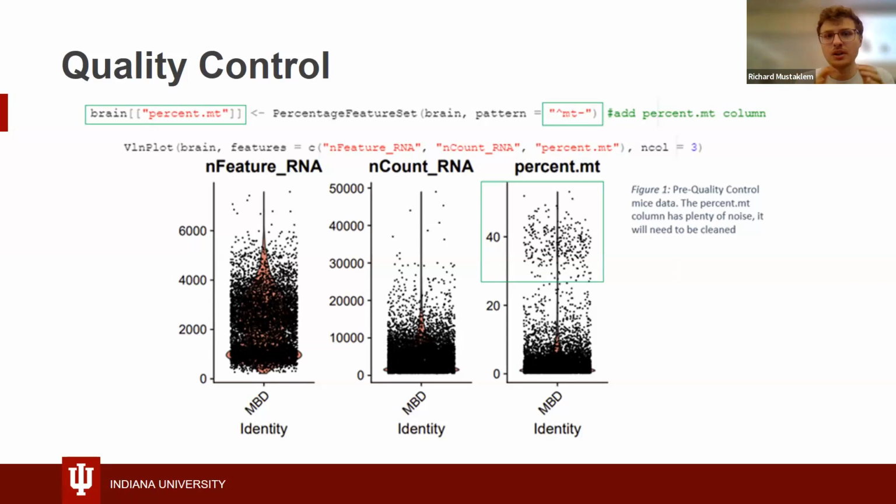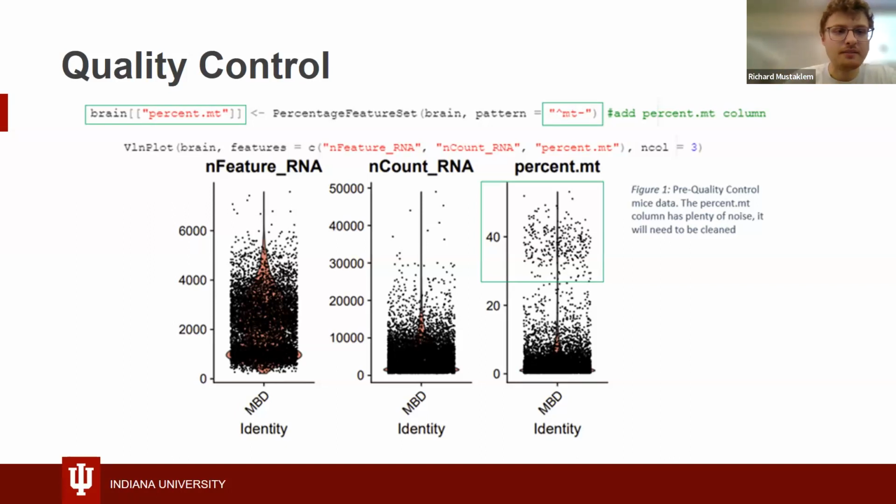We're working with a mouse data set, so we need to make our gene name lowercase. But if one day you're working with human data, you need to adjust your code. So this is one thing you would change: if it was human data, you would make the pattern all uppercase. Anyways, we're going to make it lowercase.